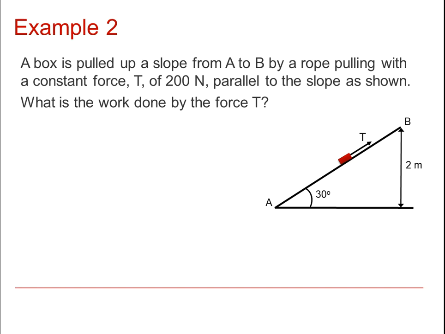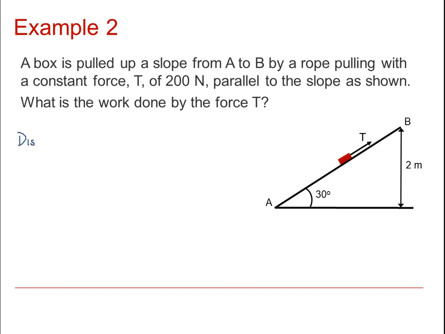In the second example, we've got a box which is being moved up a slope with a force of 200 newtons, and the height that it moves through is 2 metres. Now that 2 metres is not in the direction of the force, so we need to first of all calculate the distance that it moves along the slope.